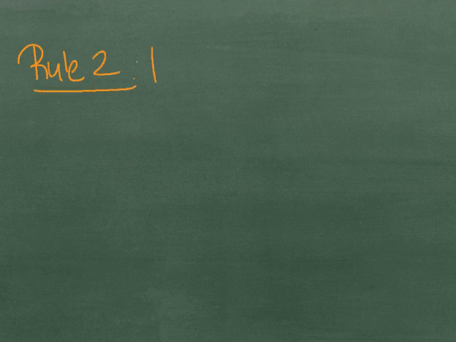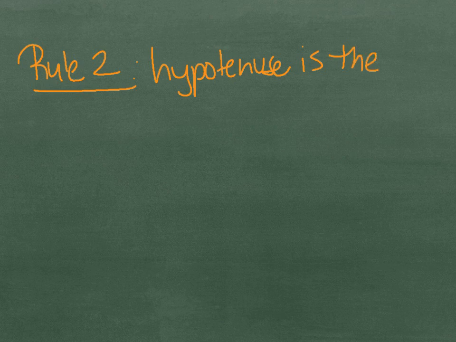Alright, next rule, and the last rule, is going to be that the hypotenuse is the longest side of a right triangle.